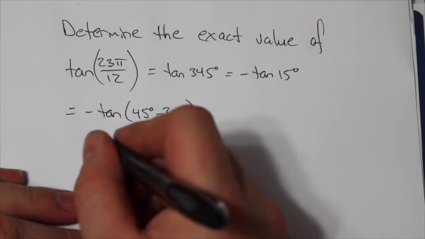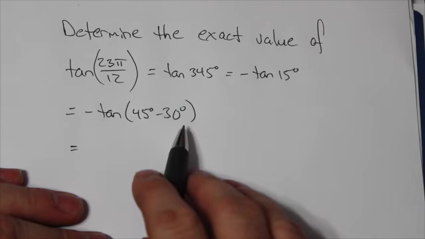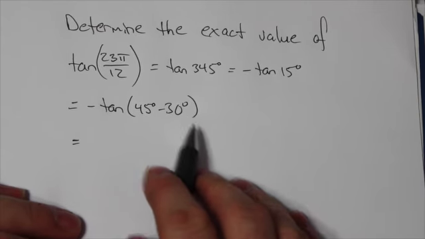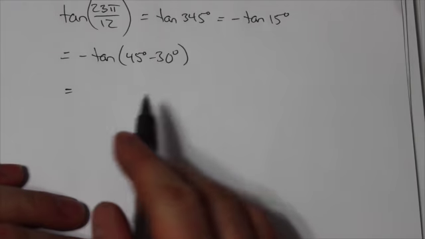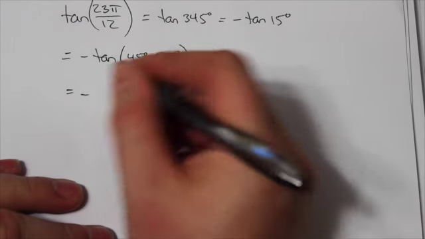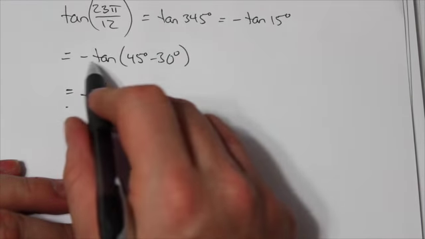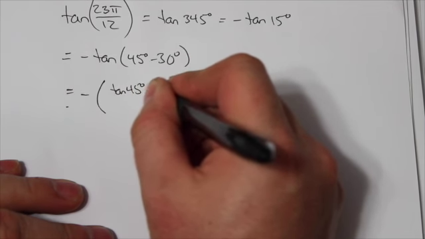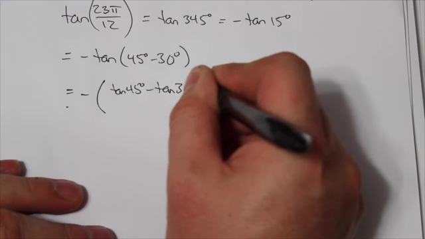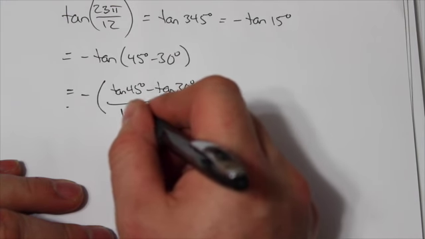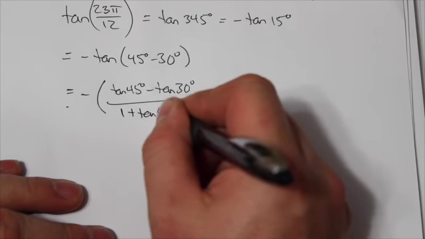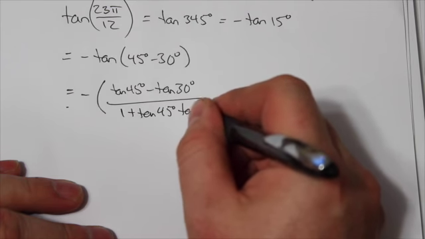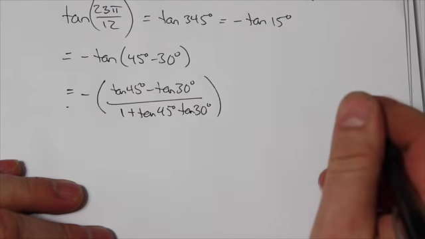Now, you have to go look this up, but the sum and difference identity for tangent is going to make us do this. Big brackets here because that negative is outside. So this will be the tangent of 45 degrees minus the tangent of 30 degrees, all over 1 plus the tangent of 45 degrees times the tangent of 30 degrees.